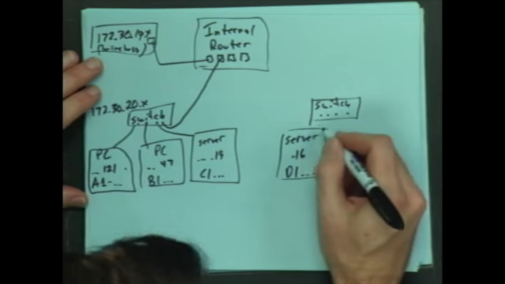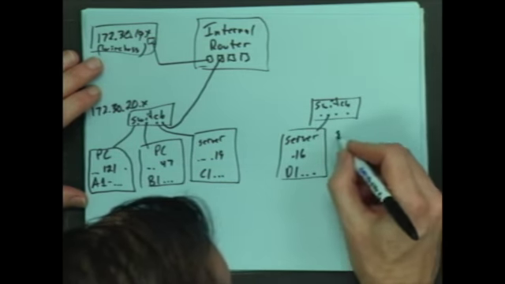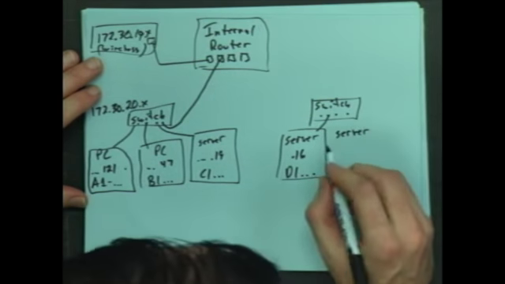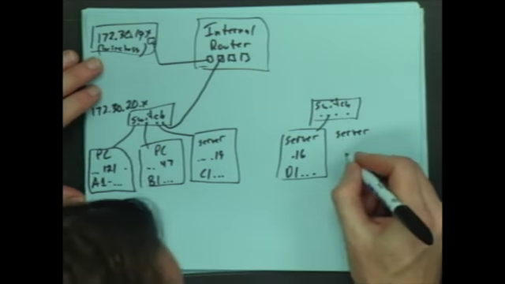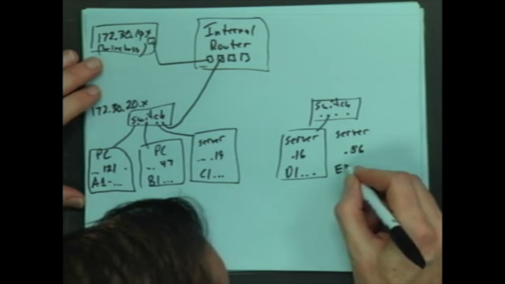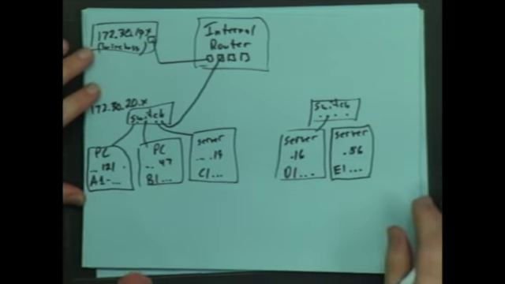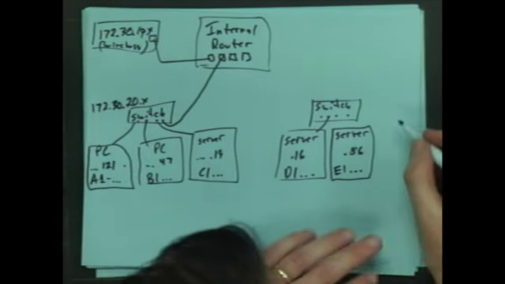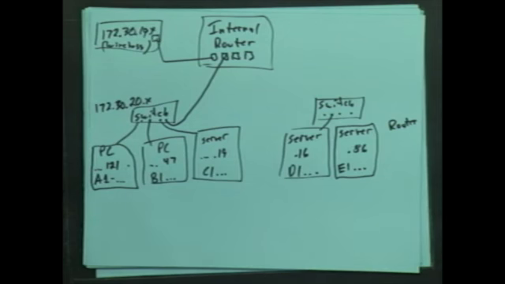You guys remember where the MAC addresses came from? Where did the MAC addresses come from? The actual device. They are set by the factory. Okay. So I did not have to set them. Where do the IP addresses come from? From me.